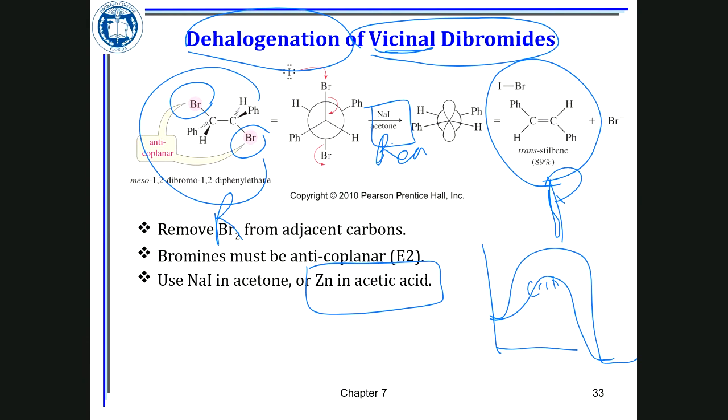So it's coming from the opposite side. If it's coming from opposite side, that means your product is going to be more of a trans than the cis in this case. Your reagents, sodium iodide or zinc in acetic acid. So that's two methods for preparation.